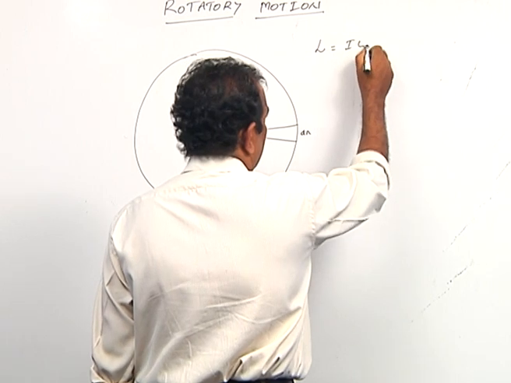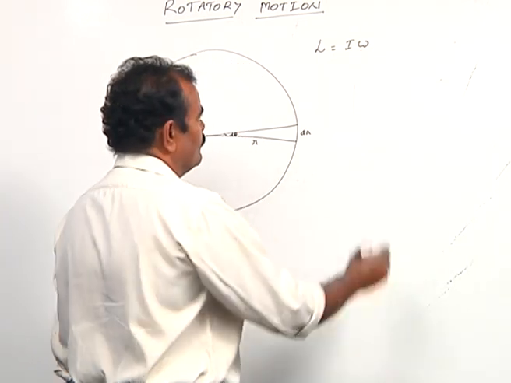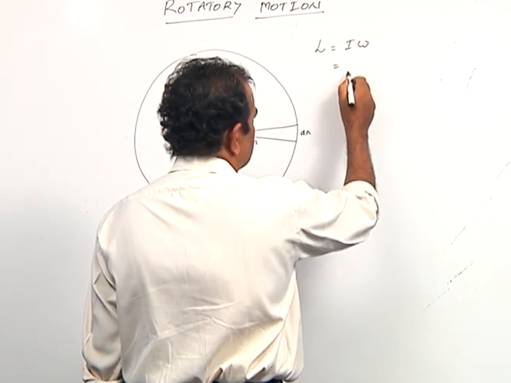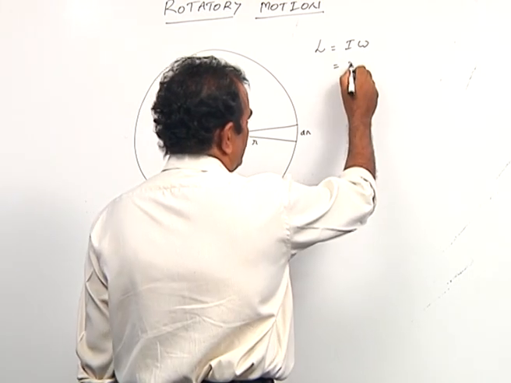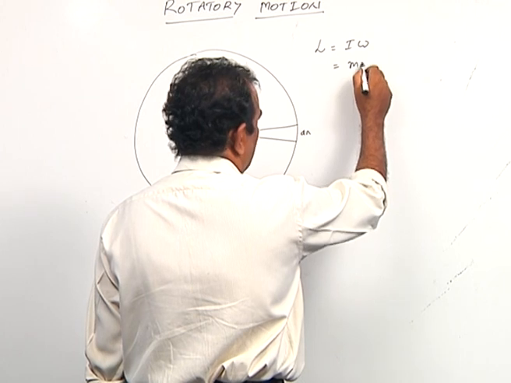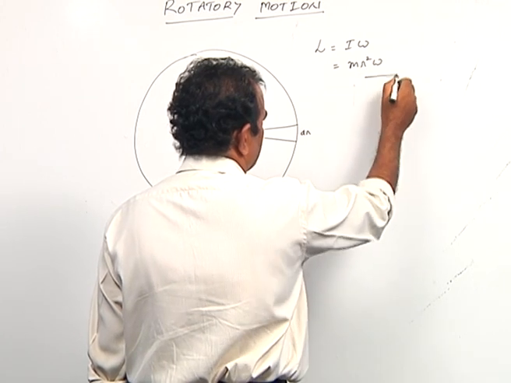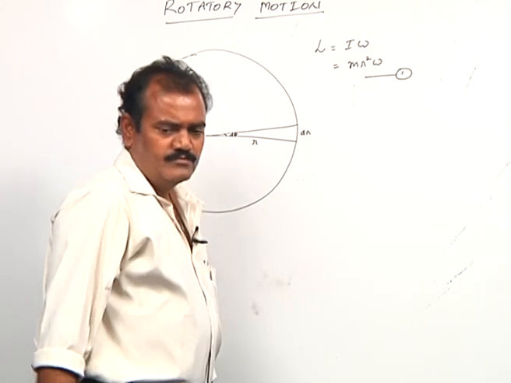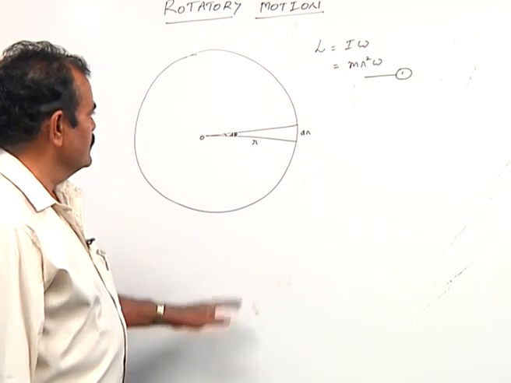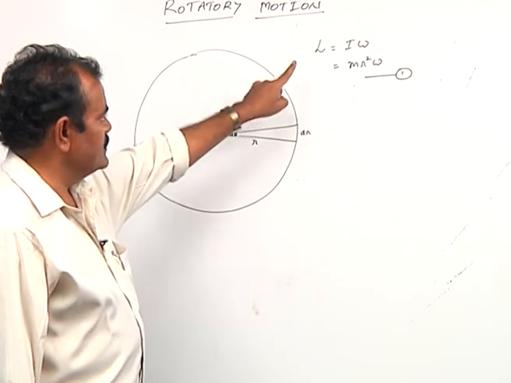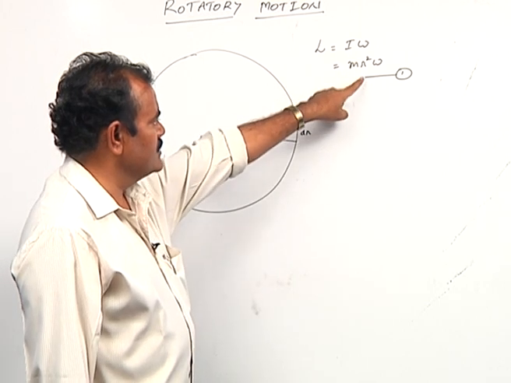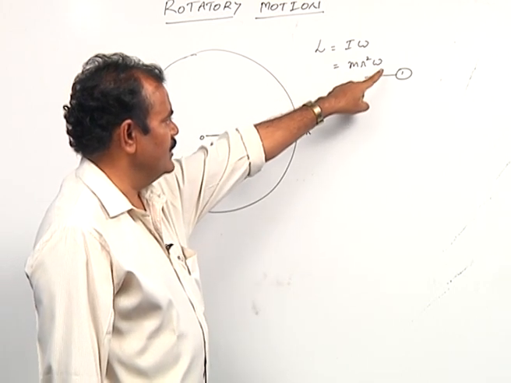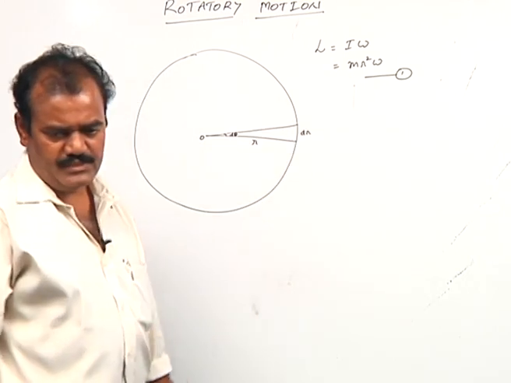Here I is nothing but mr square, so L is m r square omega. That is the first equation. Once again, L is equal to I omega, and I is equal to mass into distance square, so mr square and omega.